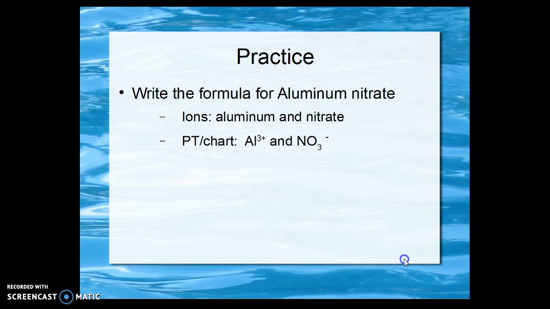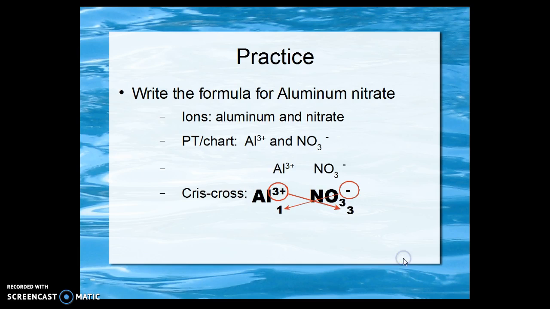Here's your ions. Aluminum is 3+, the nitrate is -1. We write those down. We apply the Cris-Cross rule, 3 down here and 1 here. Oh, what is this? NO3,3?